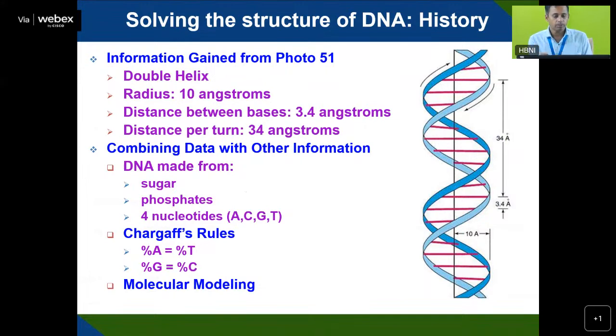Then from the information in Photo 51 they got a double helix structure, with a radius of about 10 angstrom, a distance between base units of 3.4 angstrom, and a pitch of about 34 angstrom.